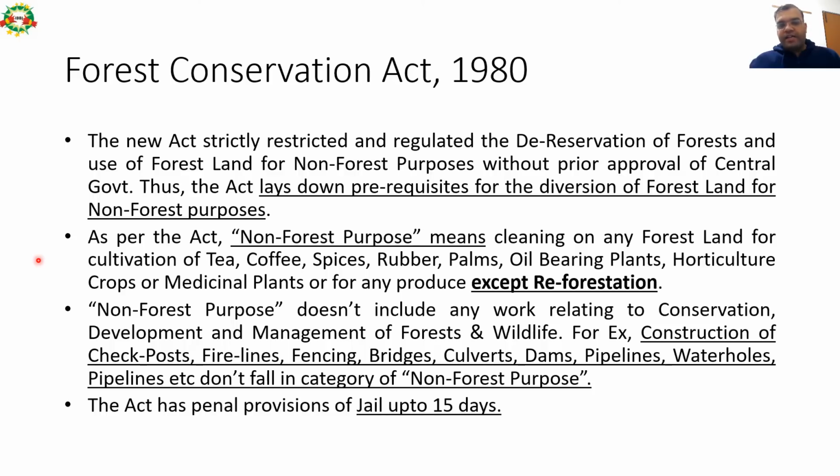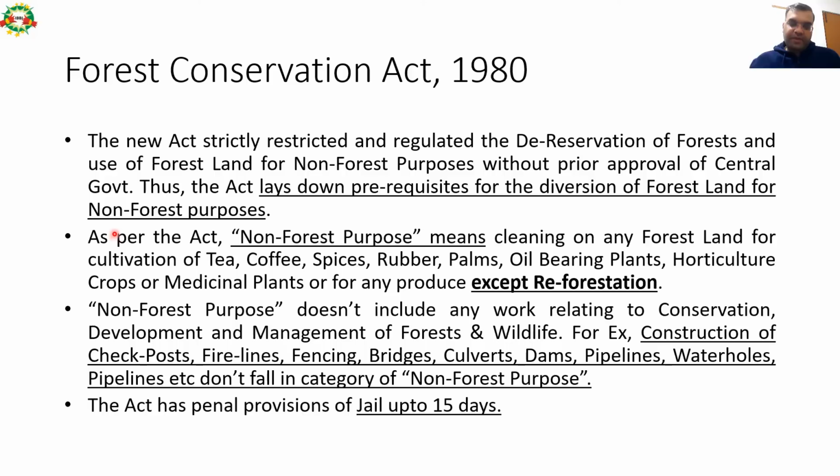As per the act, non-forest purpose means, and this is also important, a 1 mark theory question can come in the exam, clearing of any forest land for cultivation of tea, coffee, spices, rubber, palm, oil bearing plants, horticulture crop or medicinal plant, or for any produce except reforestation.